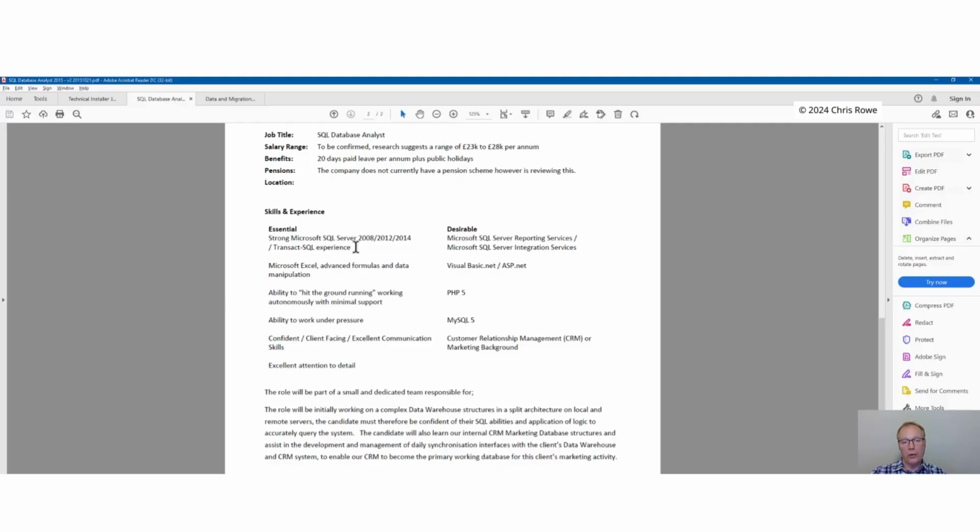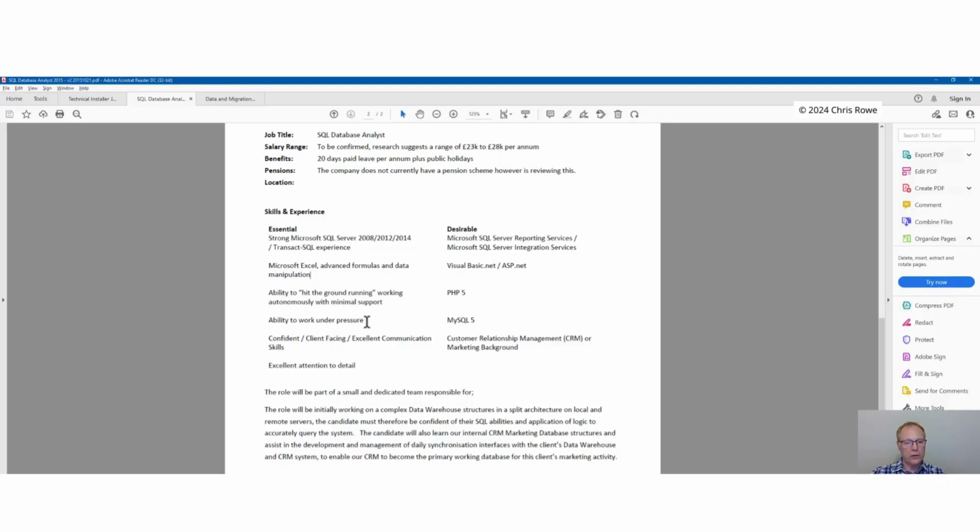So I was happy to go for an interview based on my semi-non-existent skills in those areas. However, what I really worked at was my Microsoft Excel, advanced formulas and data manipulation. I really worked that angle with this interview and with my cover letter and CV that I sent in for this role. I'd say that's probably what got me the interview in the first place: my Excel skills.